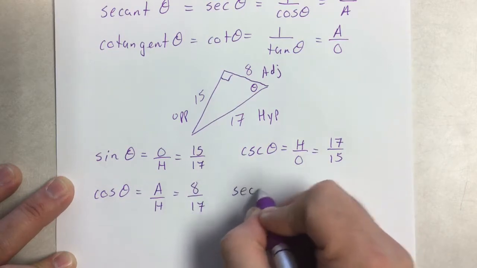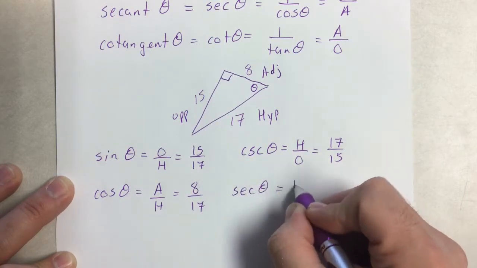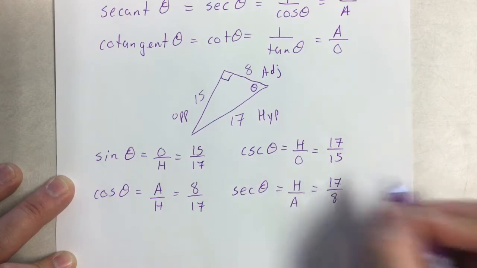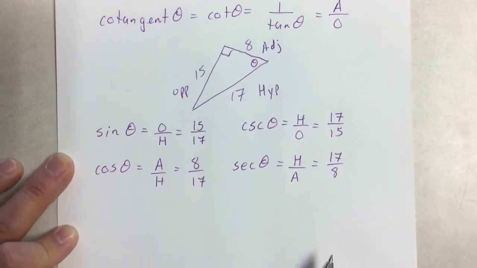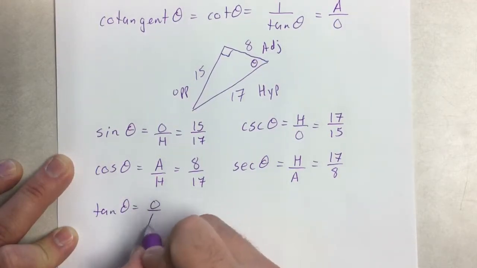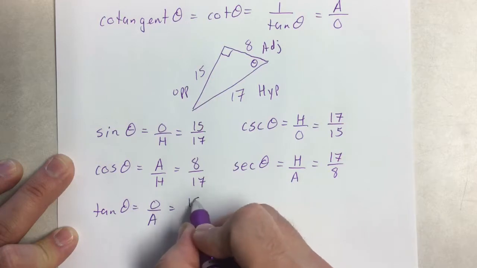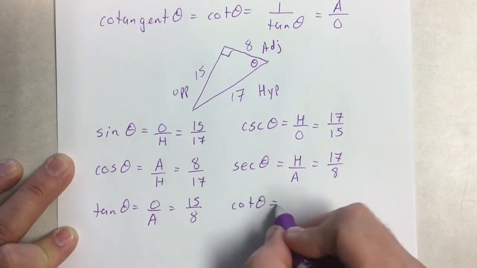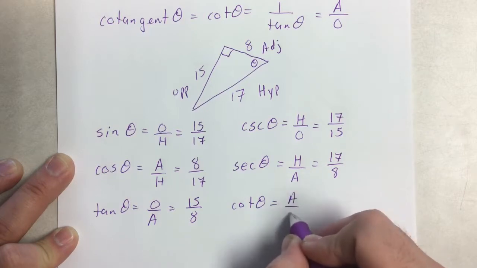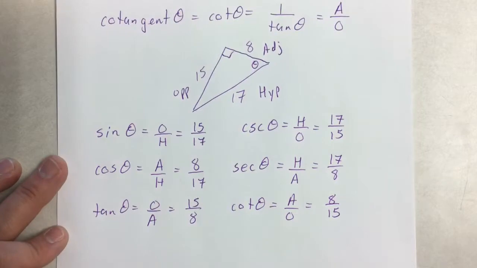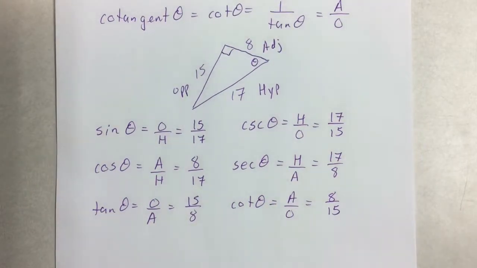And its reciprocal, secant, hypotenuse over adjacent, 17 over 8. Leaving us with tangent, opposite over adjacent, 15 over 8, and then its reciprocal, 8 over 15. And it's that simple.